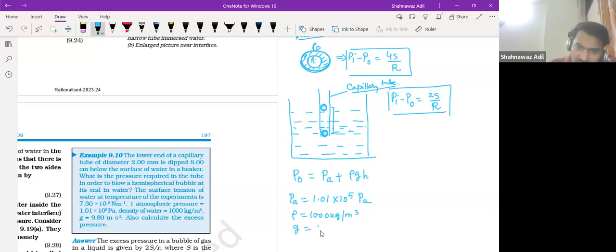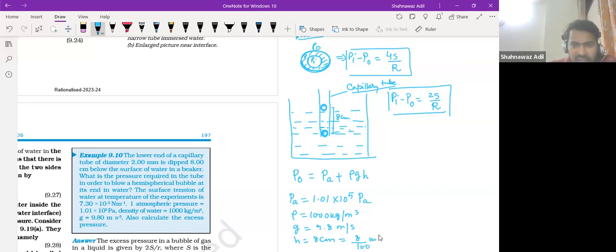G is 9.8 that we have to take. And the height of this capillary tube is 8 centimeter, so h is 8 by 100 meters.